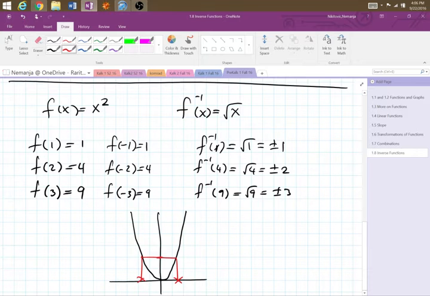Do we all see that? For the inverse function, the input is the y-axis. So now this input will produce two answers. And what do we know about that situation? Not a function, right? So we have to be careful about that.